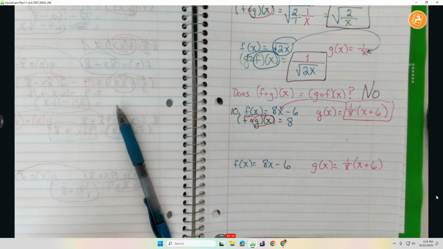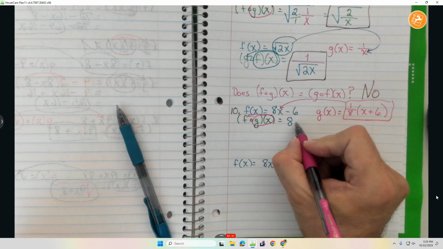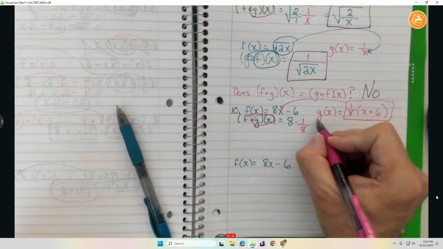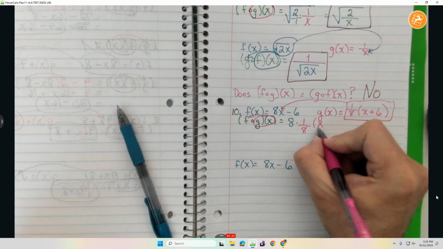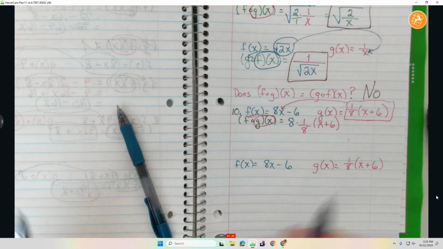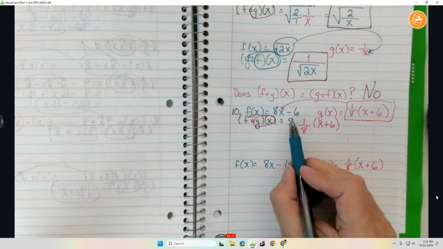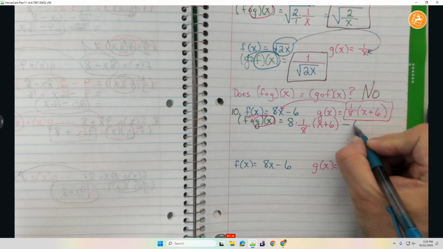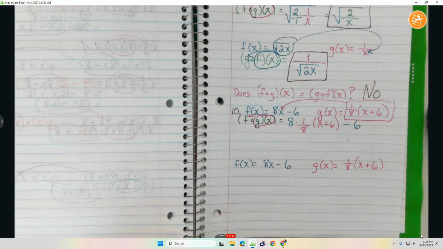Now keep in mind, that means this 8x means 8 times. So we have a 1 over 8 times x plus 6. And then it's very tempting to forget the minus 6. But don't.